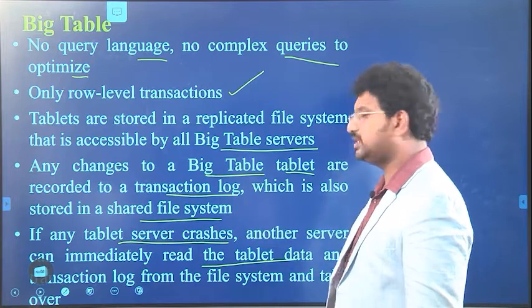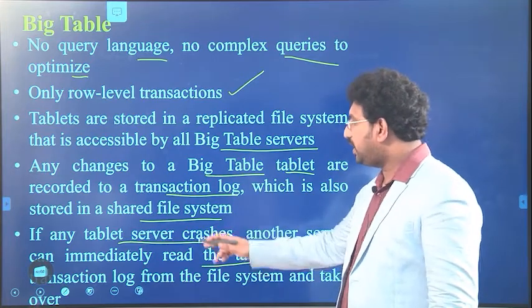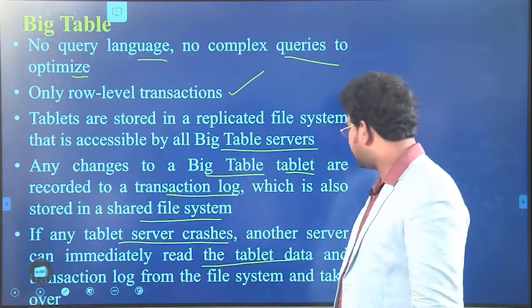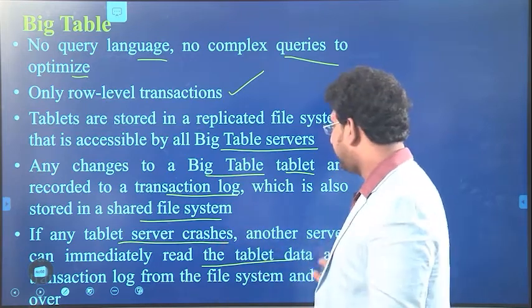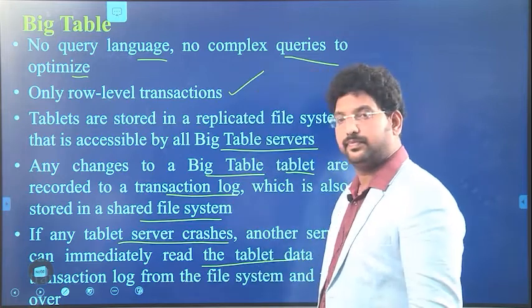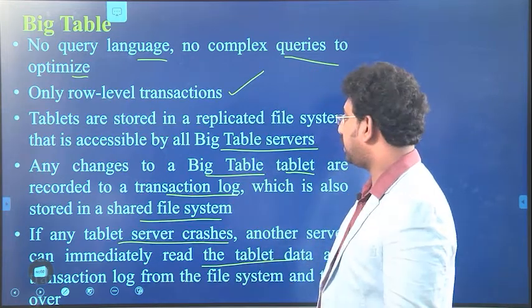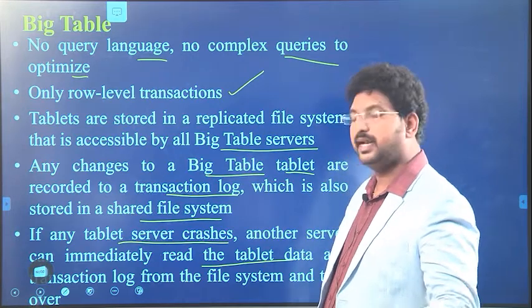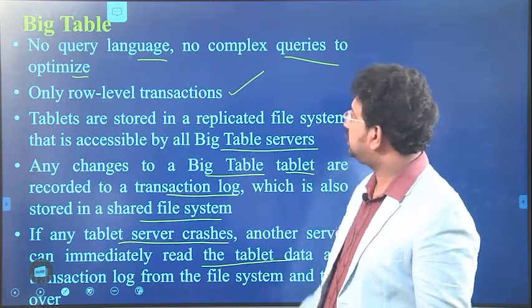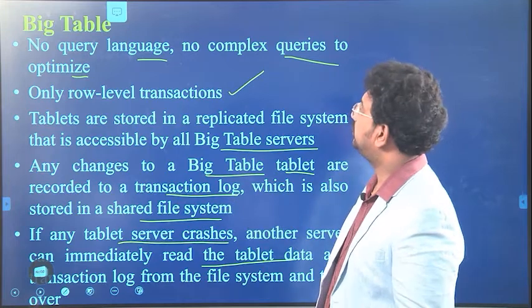If any tablet server crashes, another server can immediately read the tablet data and transaction log from the file system and take over. So it immediately takes over and serves. So this is about the Bigtable.